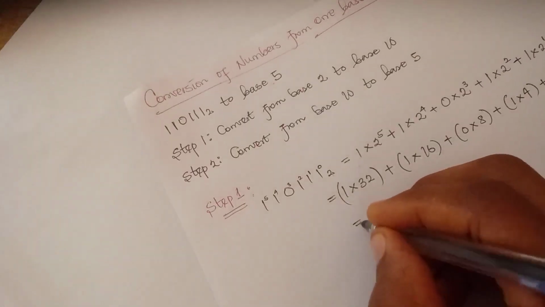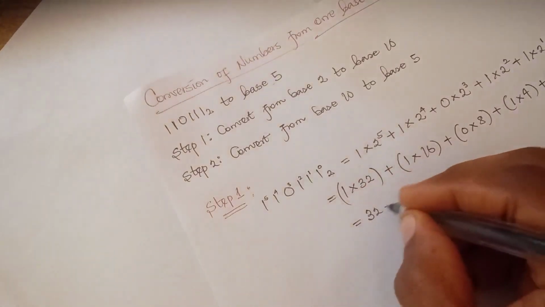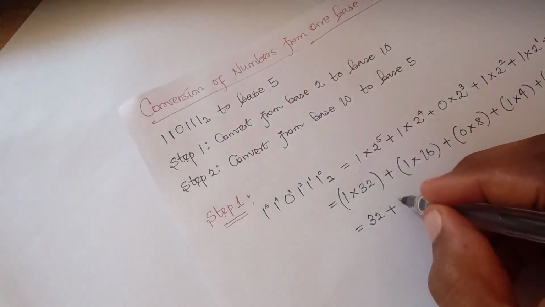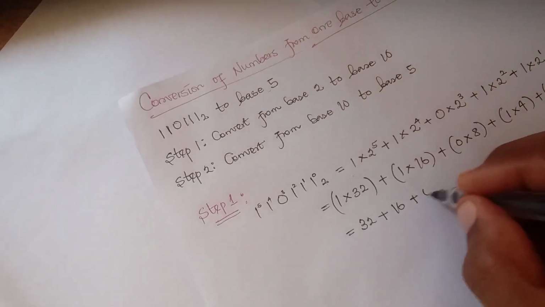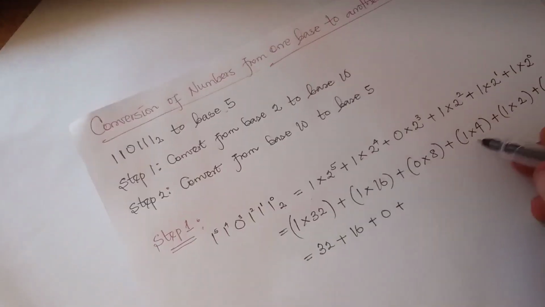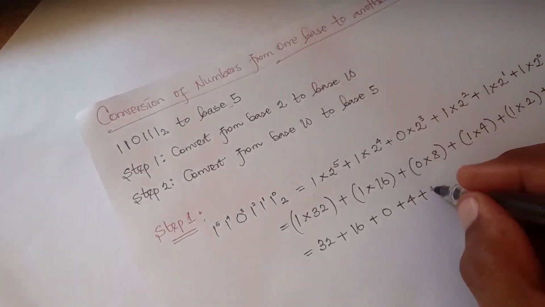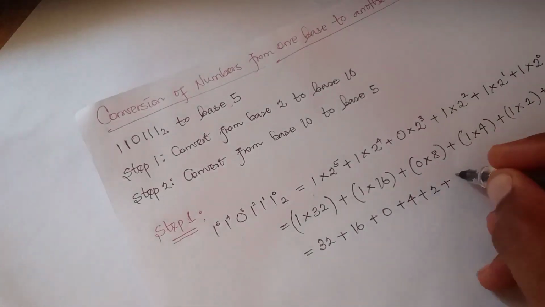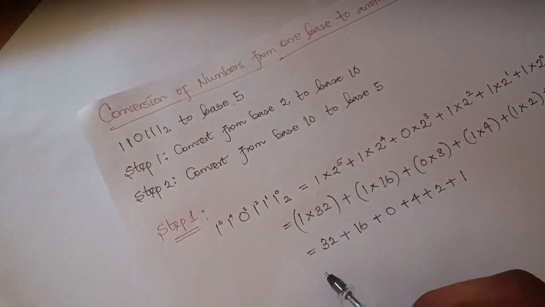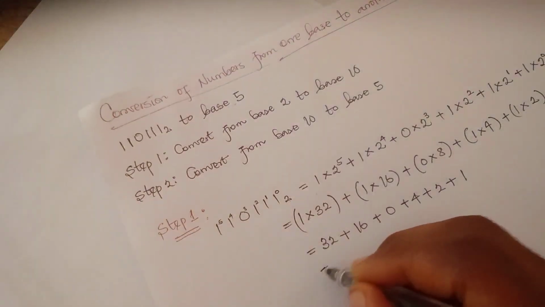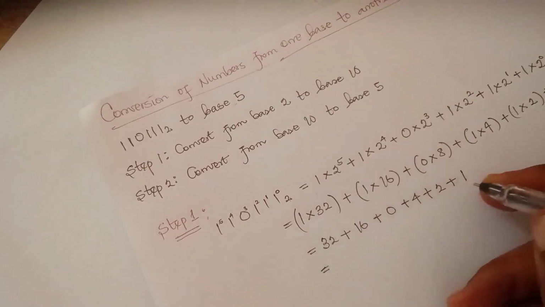So if we continue with this, we have 1 times 32 is 32, plus 1 times 16 is 16, plus 0 times 8 is 0, plus 1 times 4 is 4, plus 1 times 2 is 2, plus 1 times 1 is 1. Now, if we add up, 32 plus 16 plus 0 plus 4 plus 2 plus 1.